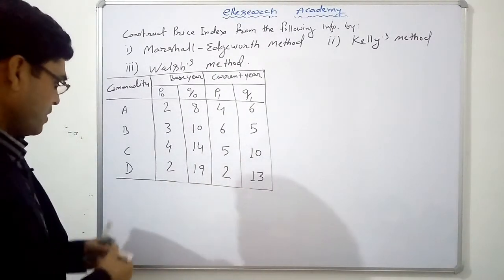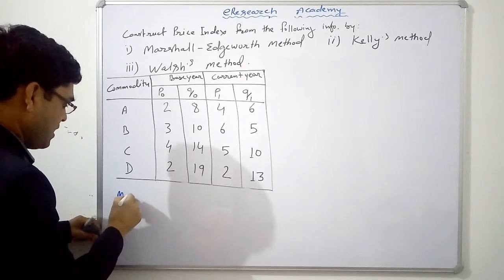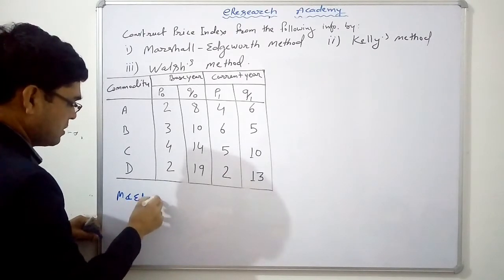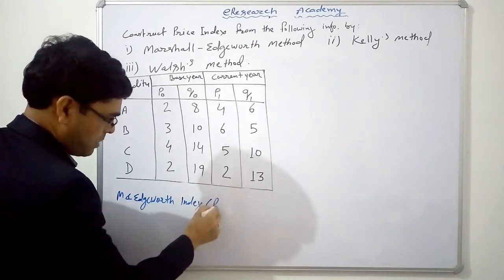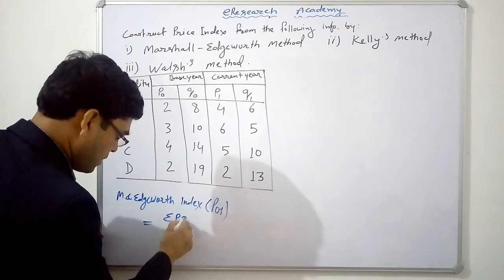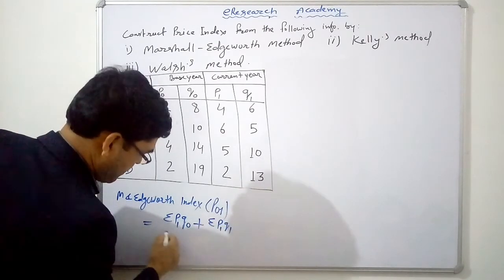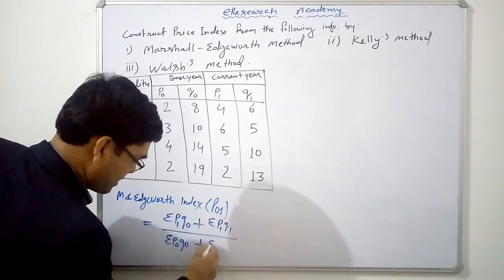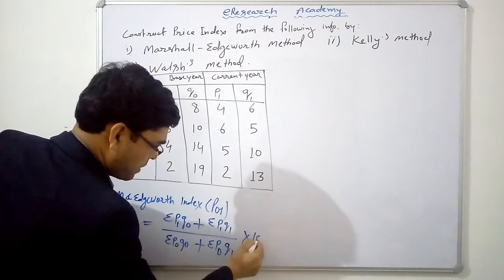Under the Marshall and Edgeworth method, P01 equal to sigma P1 Q0 plus sigma P1 Q1 upon sigma P0 Q0 plus sigma P0 Q1, into 100.